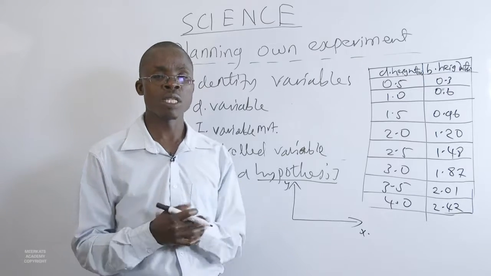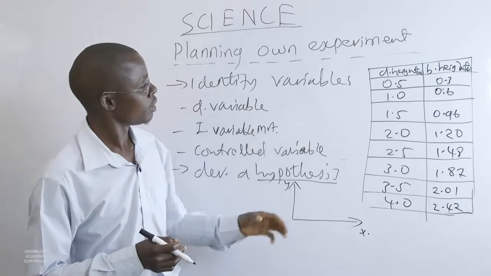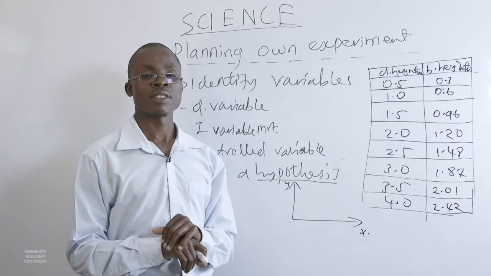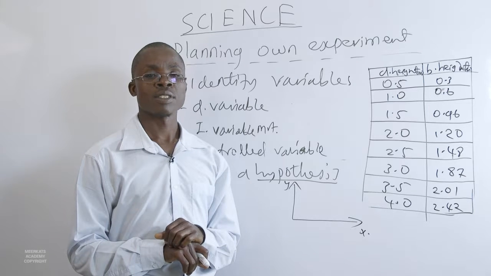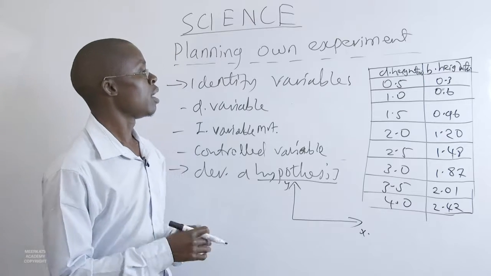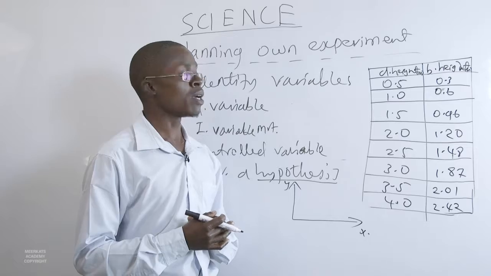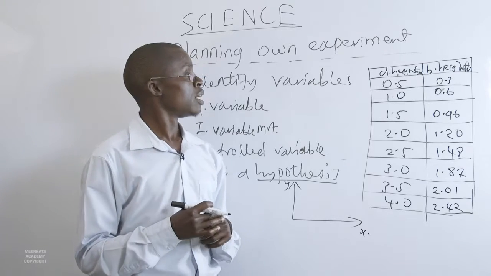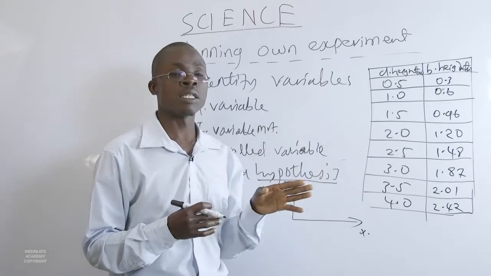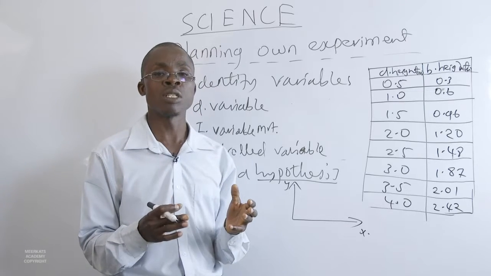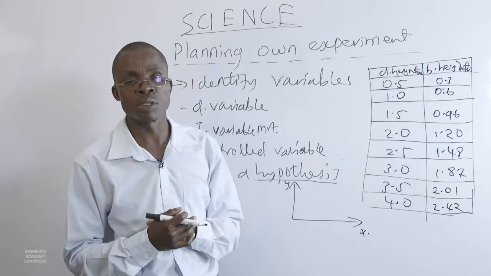In your own judgment, take a few seconds. Which one depends on the other one? I'm sure you can realize, or you have realized, that there is no way dropping height can depend on bouncing height. You have to start with the dropping before bouncing comes.